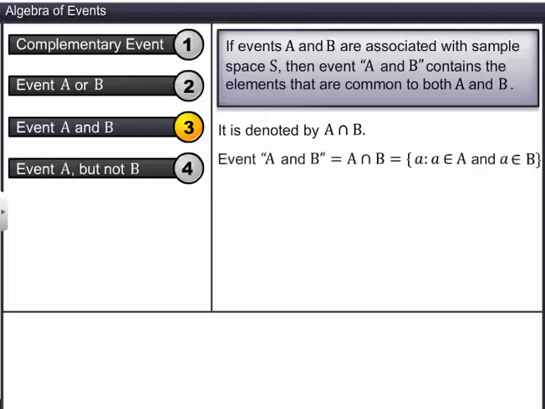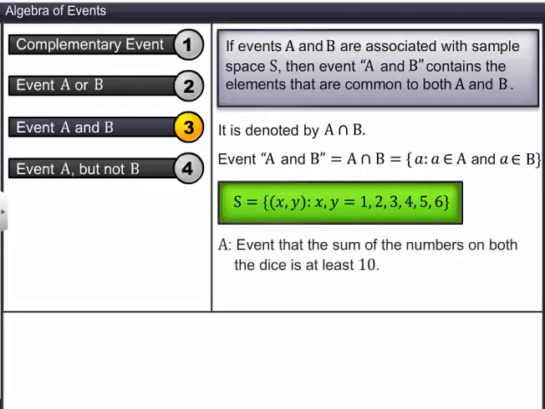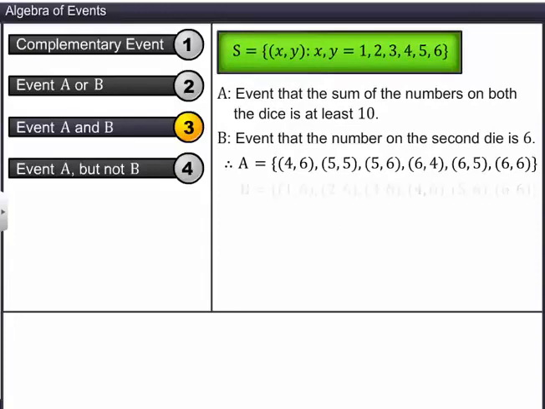Consider a sample space of rolling 2 dice. Let events A and B be associated with S. The outcomes of events A and B are obtained as shown. Now, event A and B can be obtained by identifying the common elements present in both the events.